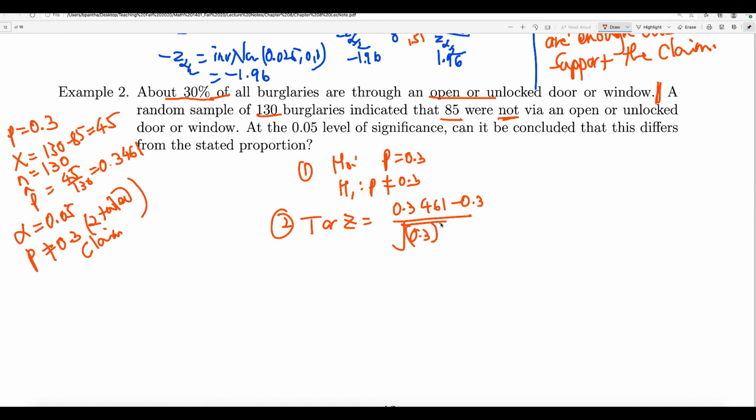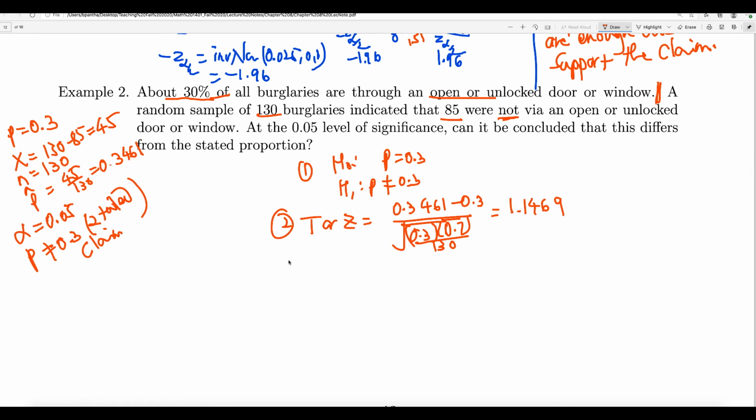Q is 0.7 because that is 1 minus p, so 0.3 times 0.7 divided by 130. In the calculator, I get 1.1469. That is the test value.